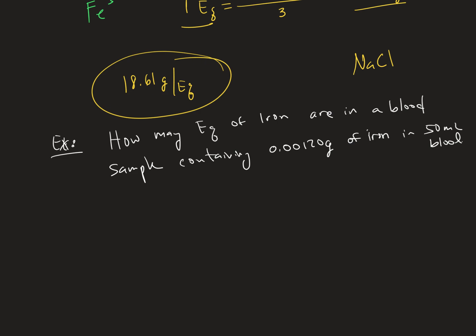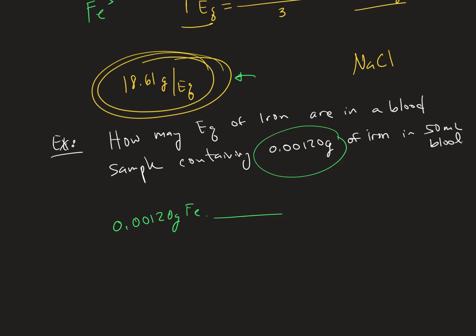So what do we do? This is just a conversion factor, so we are going to use dimensional analysis. Start with what we know, we have 0.00120 grams of iron. And I don't want grams, so I'm going to use this guy right here.